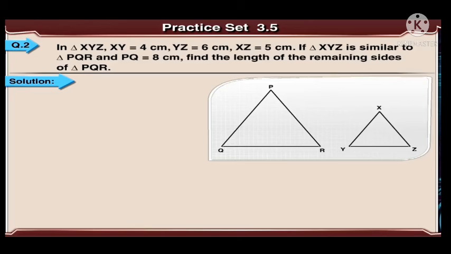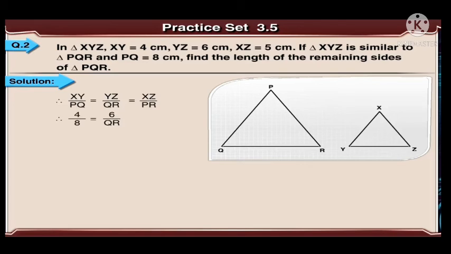It is given triangle XYZ is similar to triangle PQR. We know that the ratio of the corresponding sides of similar triangles is equal. Therefore, XY upon PQ is equal to YZ upon QR is equal to XZ upon PR.